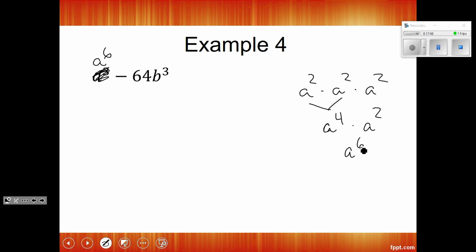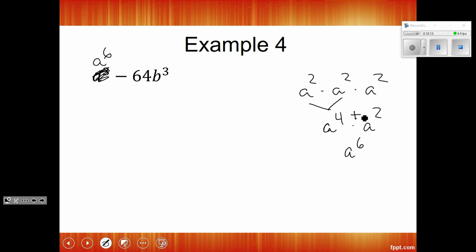And if you struggle with that, you divide it by the root. This is a cube root, so if you divide this by 3, the cube root of this would be a squared. Yes. No, thank you for asking. When you multiply powers, you add the exponents.